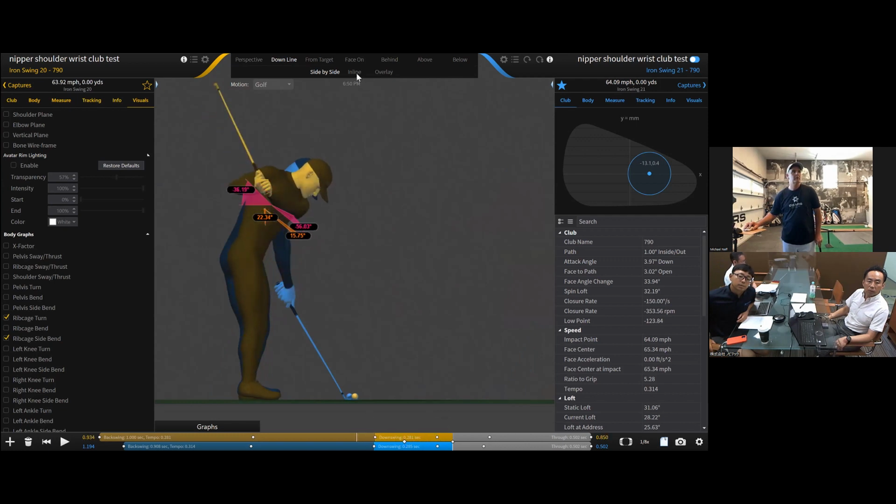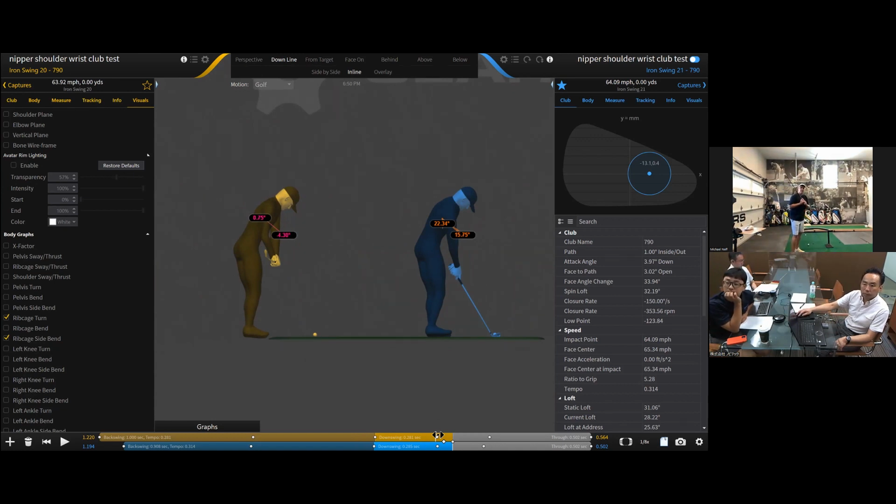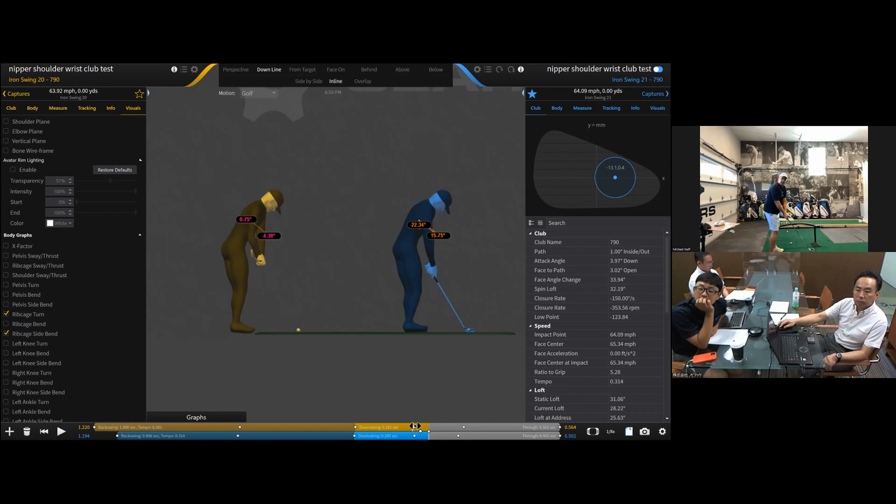Okay. So what I did to fix that was I had the player feel, okay. We had this discussion last time, but basically when we have too much side bend and not enough turn, the club gets behind us too much.